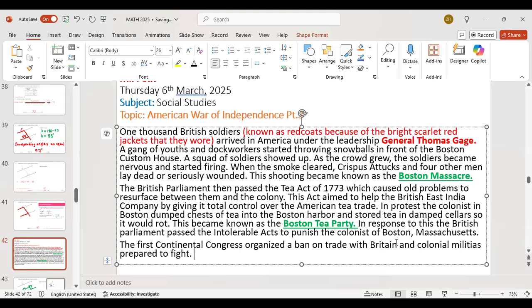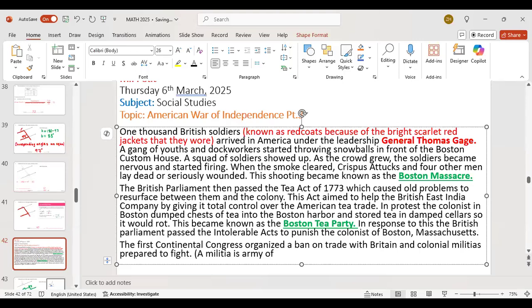Now, a militia is basically just an army. It's an army of ordinary soldiers, like ordinary people, with weapons.